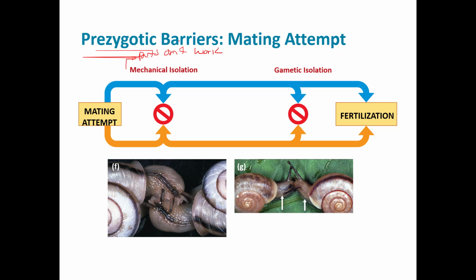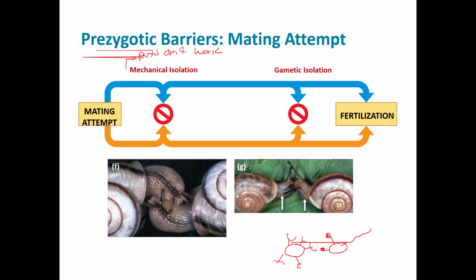Lastly, gametic isolation. In this case, you're in the right place, the right time, the behaviors are fine, the parts line up, but what happens is, now we're going to go to some Bio 1 level stuff, the egg has proteins on its outer surface, of the membrane. I'm just drawing exaggerations here, right? And the sperm has proteins as well that will dock to those, and they'll recognize one another and fuse together if we're the same species.